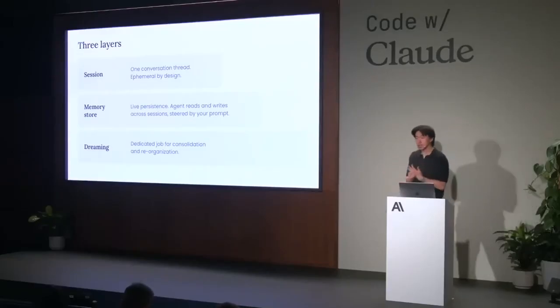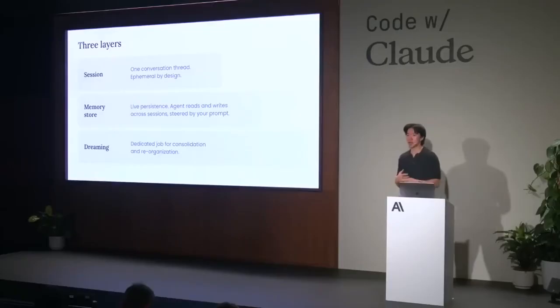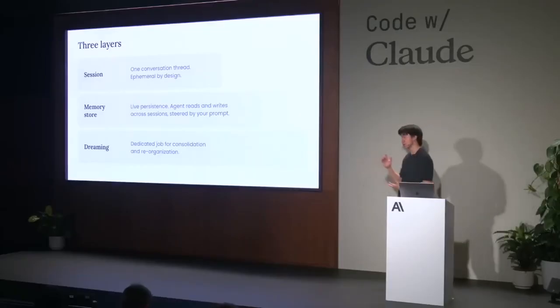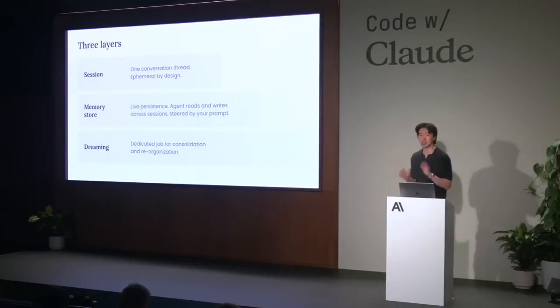And then finally, with Dreaming, you're now organizing, enriching, and improving your memory stores over time, so that as you scale up the number of sessions you have, and as you scale up the information being processed through those sessions, your memory stays at a reasonable level. It's manageable. It doesn't blow up. Also, it checks for things like staleness to make sure all the information is up to date.